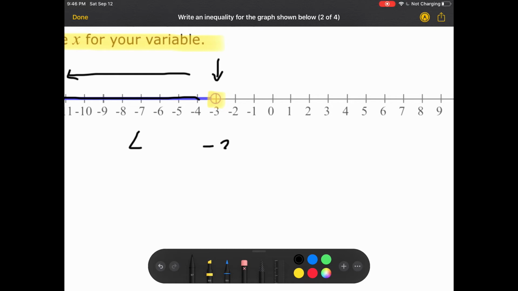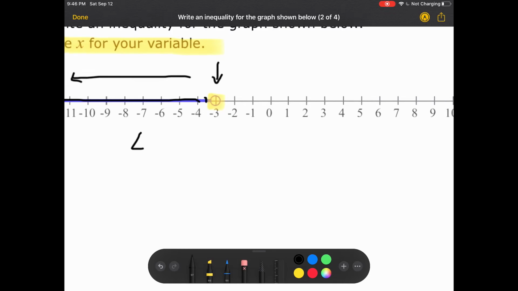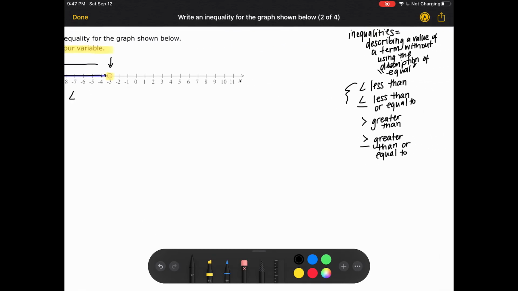So that can be -3.1, because remember we're talking about negative numbers. -3.1 would technically be over here, a little bit to the left of that. So -3.1 or -3.000 whatever, as many decimal places as you want to go, that is less than -3. So it does not include -3.